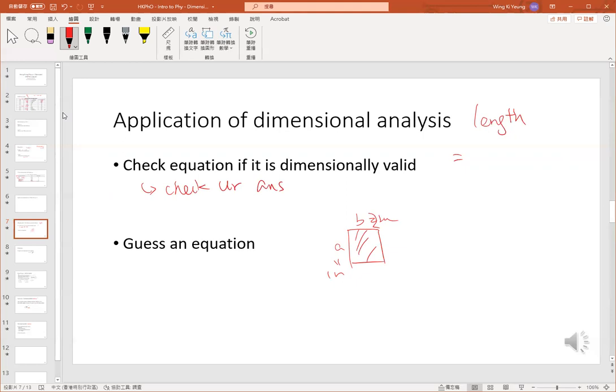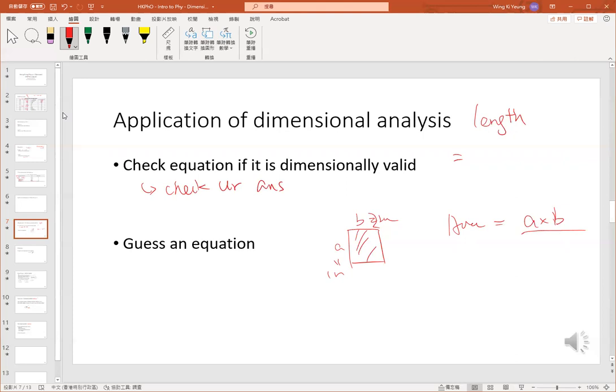Most likely in your first step you say area is 1 times 2, and then you get 2. But in physics, I'd rather you use symbols to do the calculation first. So you write down A times B first, and then in the last step, you substitute the values into the formula.